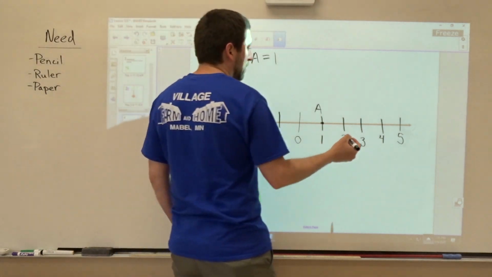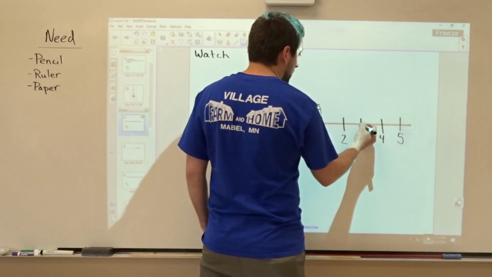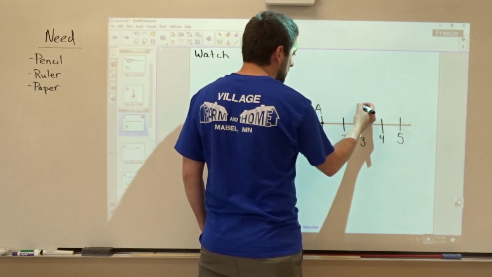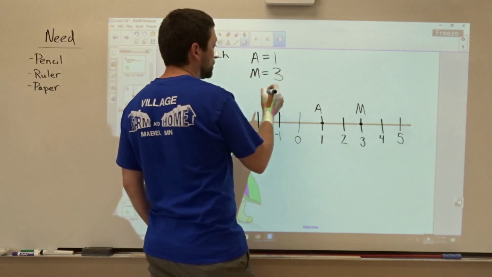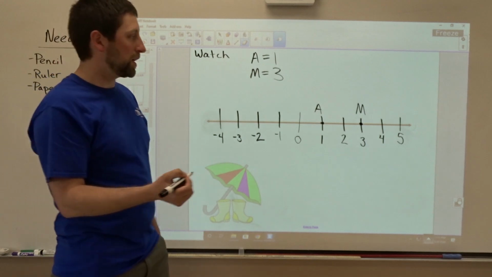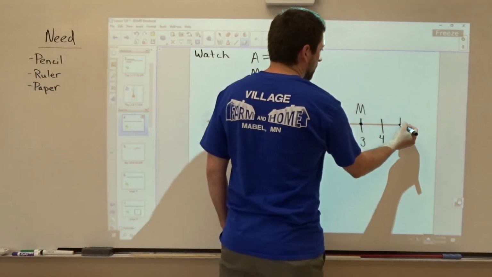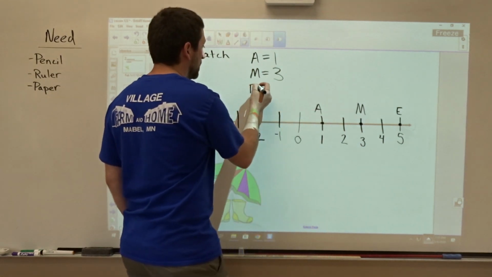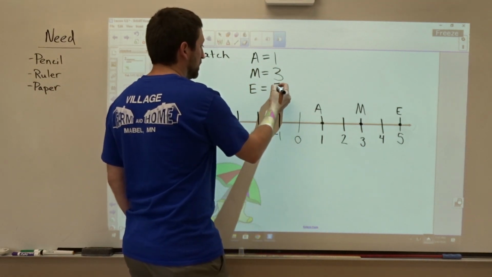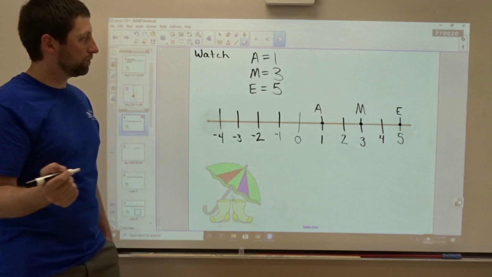If I put a point here at 3, and I say that one is M, M equals 3. If I put a point at 5 and call that E, E equals 5 there. Okay?